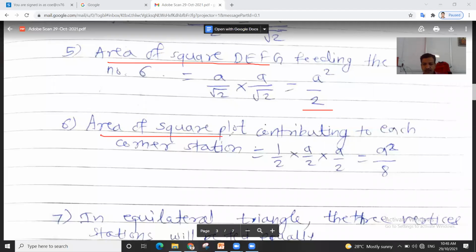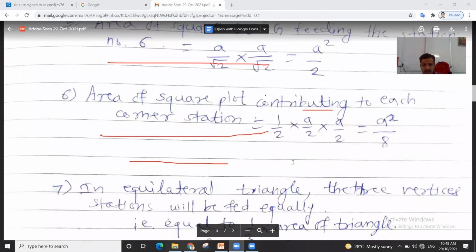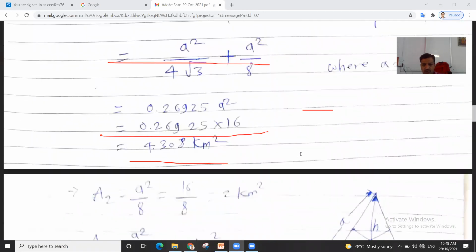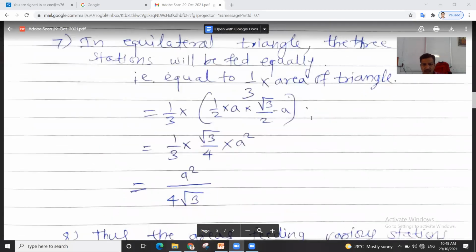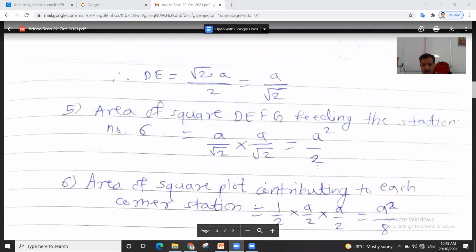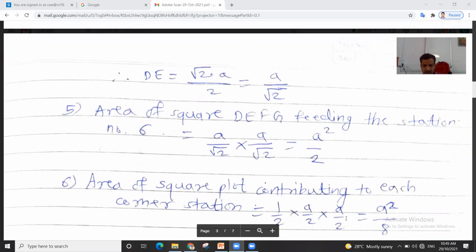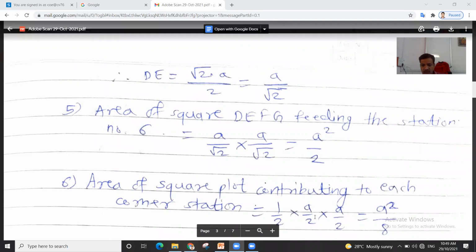Then the area of the square plot contributing to each corner station. Considering each corner, we find the area of that square contribution. The side a/2. Area is 1/2 into a/2 into a/2.